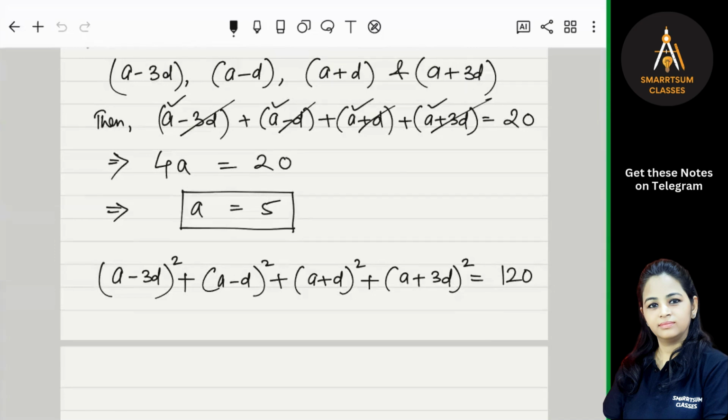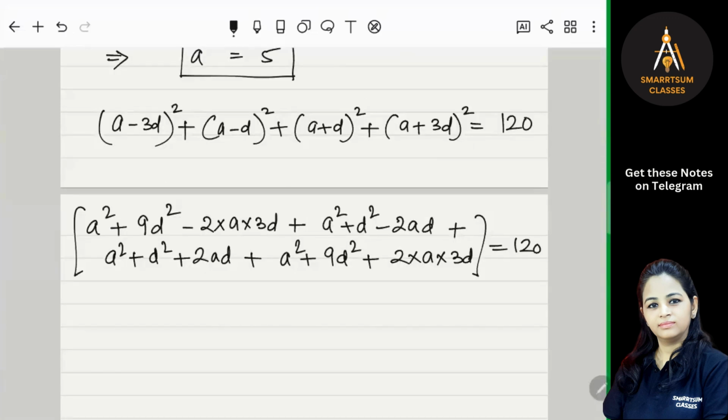Now you have to solve this. We have opened the brackets using the identity. Now we can cancel whatever we can cut. So plus 2ad and minus 2ad can be cancelled. Minus 2 into a into 3d and plus 2 into a into 3d can be cancelled.